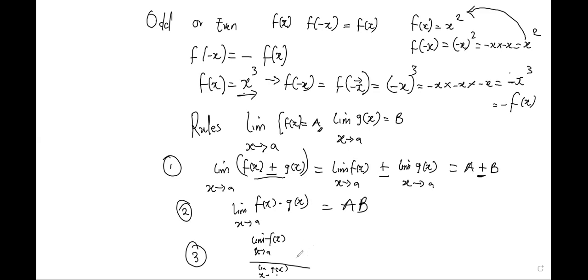What do you think the limit will be? The denominator must not be equal to what? Zero, right? It must not be equal to 0, yes. Good, fantastic. So that's that.